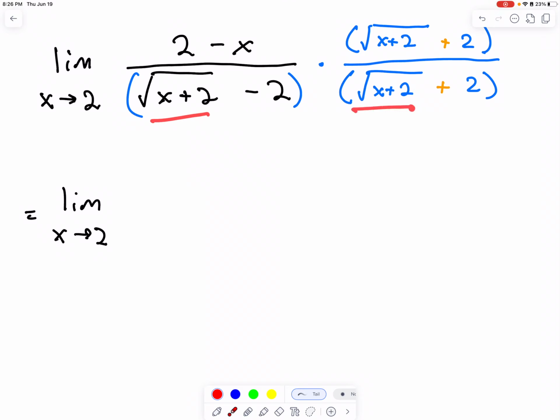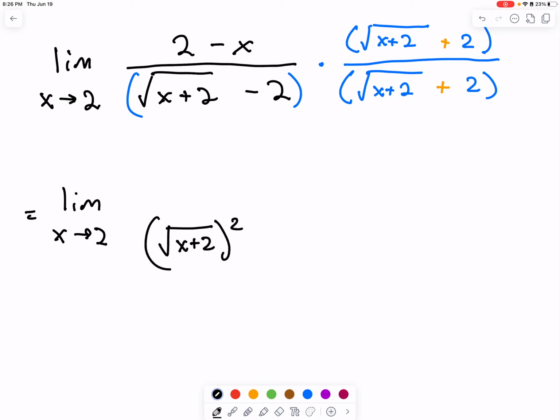The first times the first is the square root of x plus 2 squared, so the squared cancels the square root. The outer gives me plus 2 times the square root of x plus 2. The inner gives me minus 2 times the square root of x plus 2. And the last gives me a minus 4. That's the denominator after FOIL.